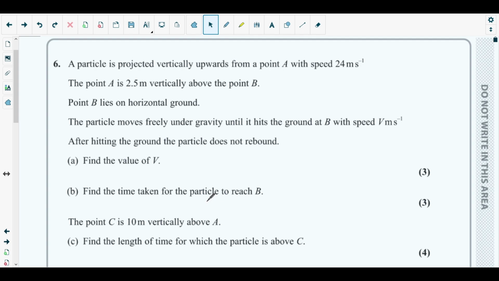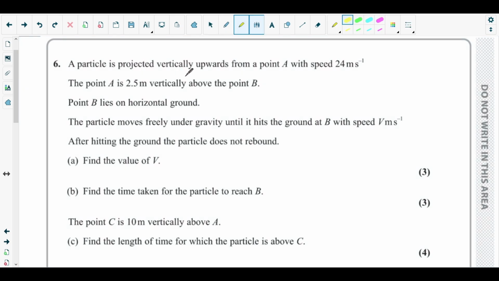To solve this question, you should have practiced sufficient questions from chapter number 2. So let's get started with question number 6.